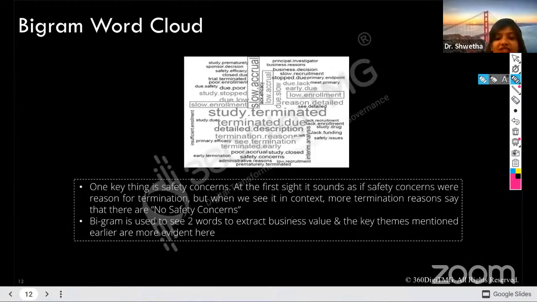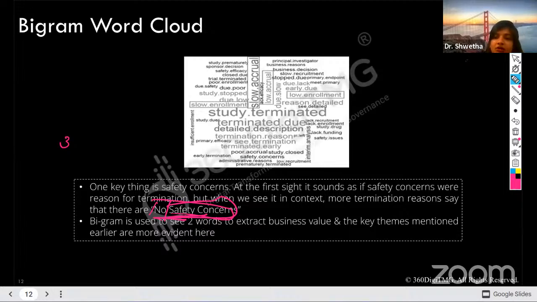But when we see it in context, more termination reasons say that there are no safety concerns. Just taking the bigram, that is safety concerns, would give us a different picture. But if we go for trigram, then the phrase was actually found to be no safety concerns, which changes the whole meaning.